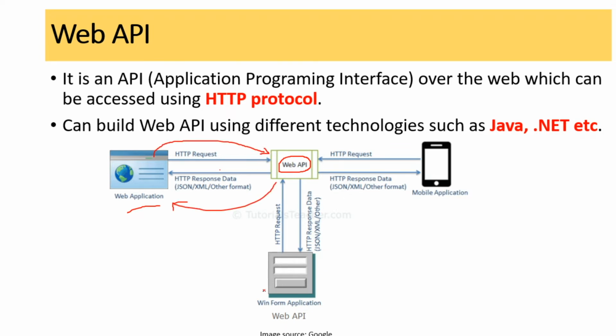Then the corresponding response is returned from the web API to the web application through an HTTP response. Similarly, it can be accessed and retrieved using a mobile application as well, using the same HTTP request and response category. So even this can be taken out from your web API as well.